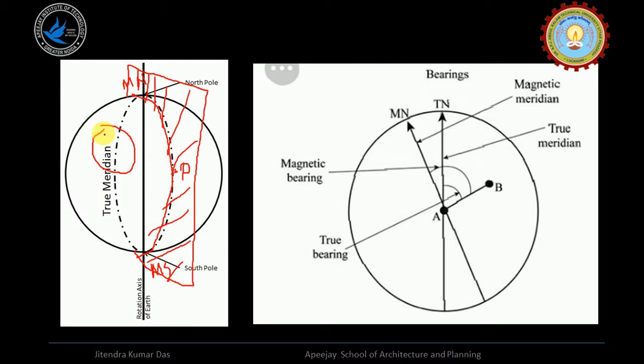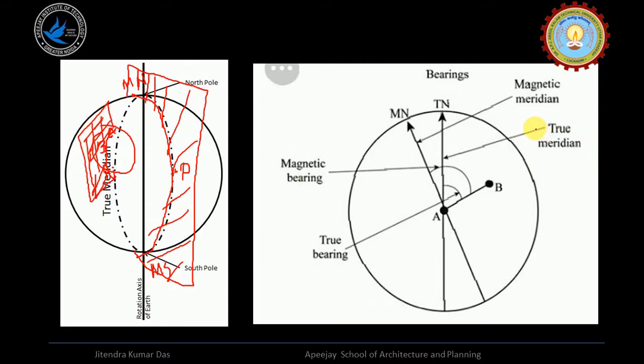Suppose at this place of the earth we would like to create the arbitrary meridian. We take three points on the earth: point A, point B, and point C, and imagine an imaginary plane which passes through all these three points, and this plane is our arbitrary meridian.